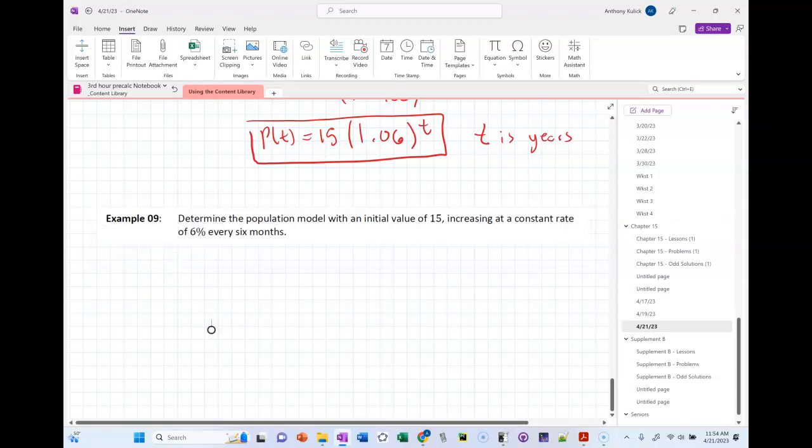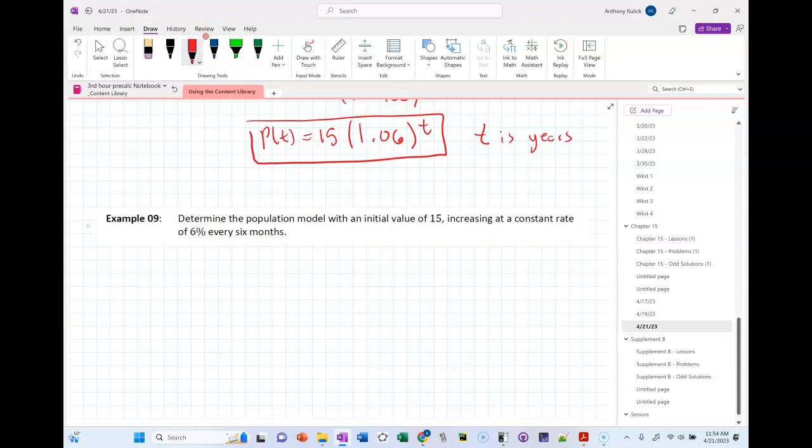Okay, it says determine the population model. So I know that we're going to be writing one of these. Has initial value of 15, so P naught is 15. Constant rate of 6%, so R is 6.